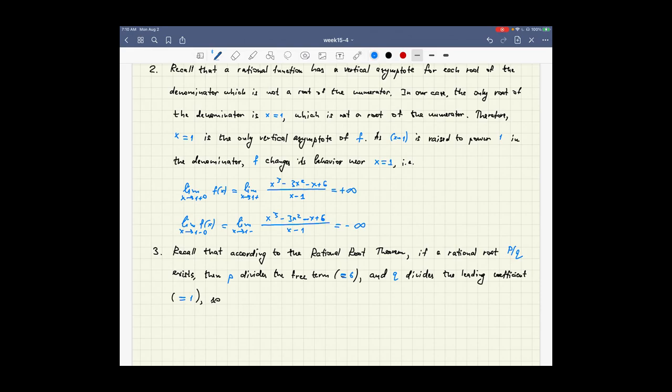Therefore, since P divides 6, P can only be plus minus 1, plus minus 2, plus minus 3, or plus minus 6. And since Q divides 1, it can only be plus minus 1. Therefore, the ratio P over Q can only be, we divide each of these by each of these, plus minus 1, plus minus 2, plus minus 3, and plus minus 6.